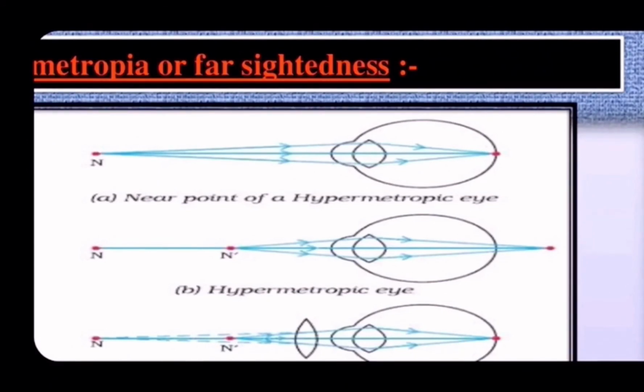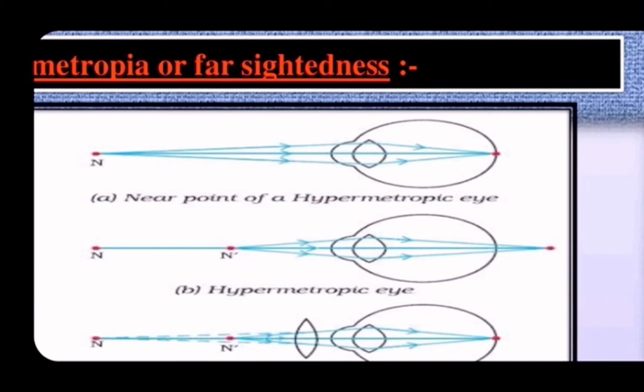The light rays are coming from the object, and after converging they meet at the retina, so that we are able to see a clear image of the object. But in the hypermetropic eye, this image is shifted behind the retina. That's why we are not able to see the object clearly. We get a blurred image of the object.